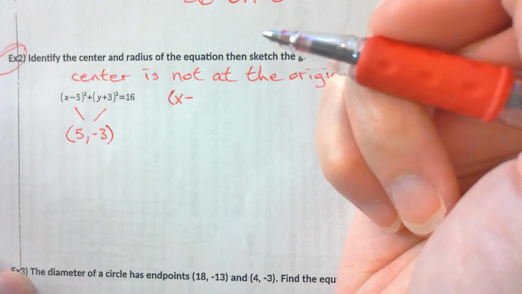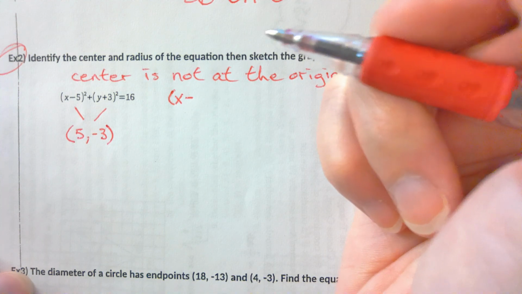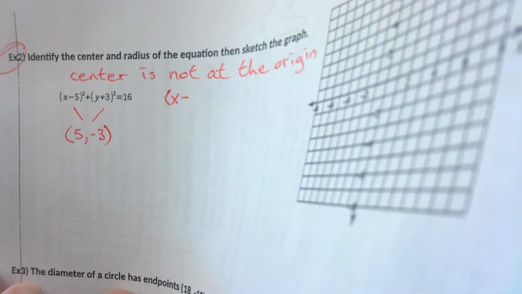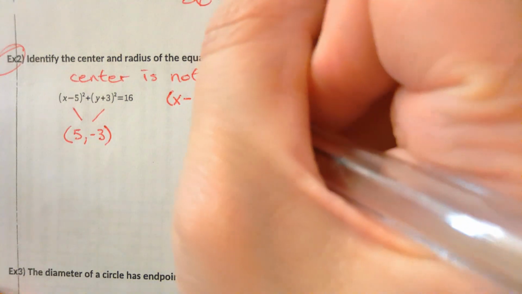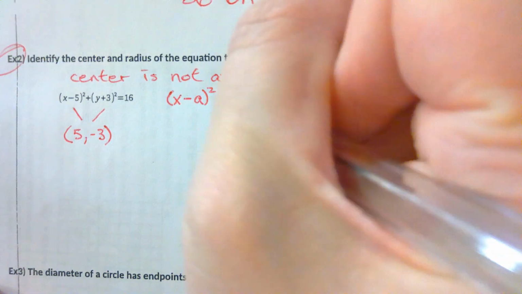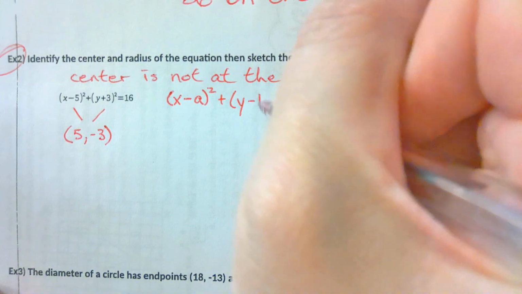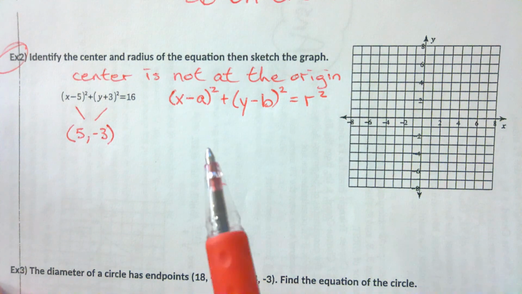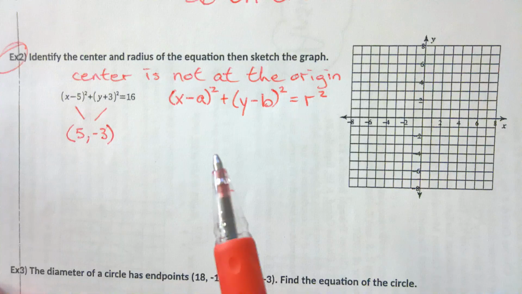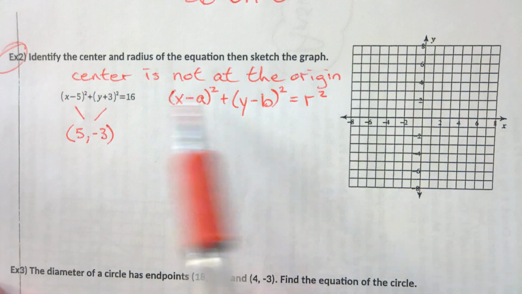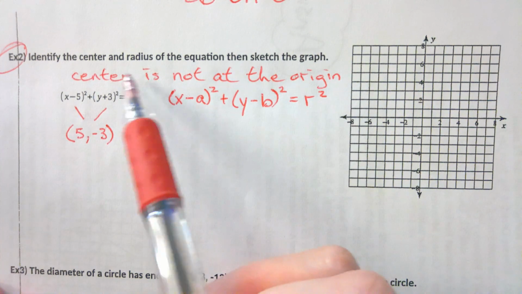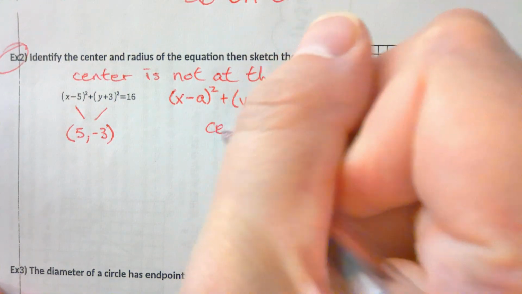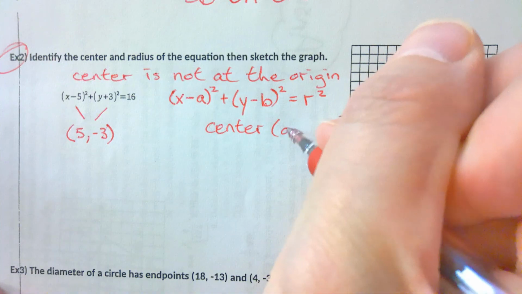A. Sure, we'll use A. And then y minus b and then r squared. It's x minus a squared plus y minus b squared equals r squared. So when the center is not at the origin, this is the formula, and the center is at (a, b).